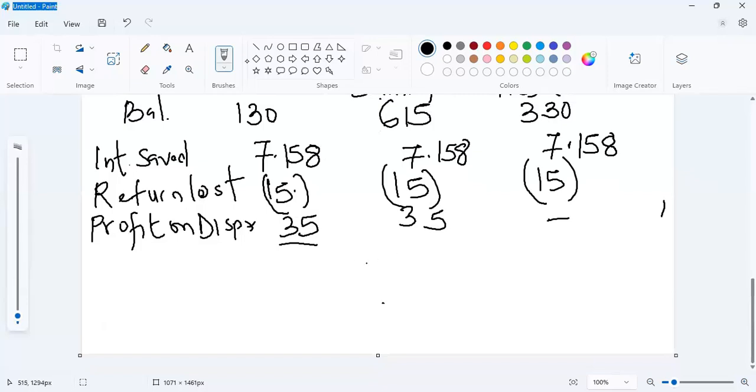Please, let's get the figures out here. Total.